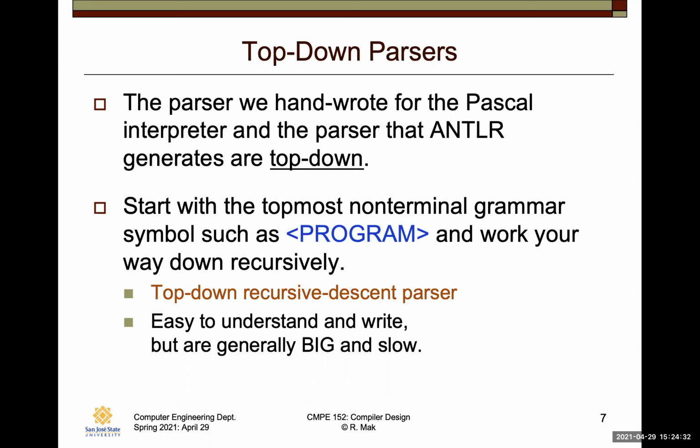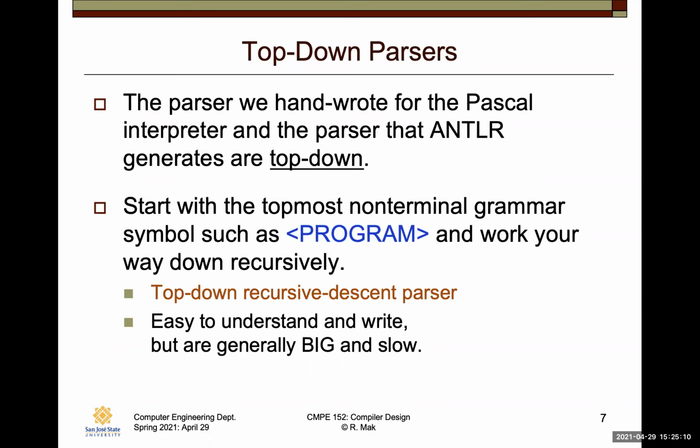Now, the advantage of top-down recursive descent parsers is that they are relatively easy to understand. I'm sure that you all have a basic understanding of how the parser works. But they are big and slow. As you know from when we hand wrote the parser in the beginning, you end up writing a little parsing function for just about every construct in the language.